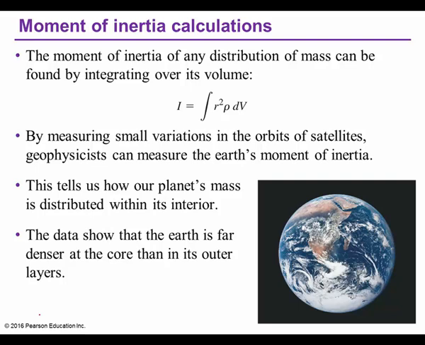So the Earth compared to Jupiter, which one's going to have the greater moment of inertia? Even though the density of Jupiter is less than the Earth's, the radius and the volume, yeah, it's really going to make up for it, isn't it?